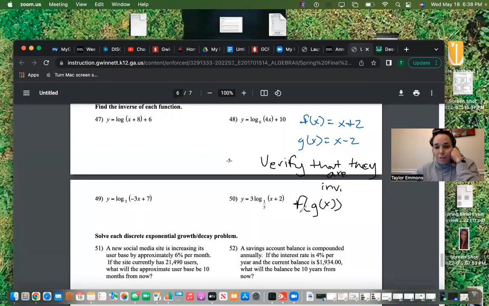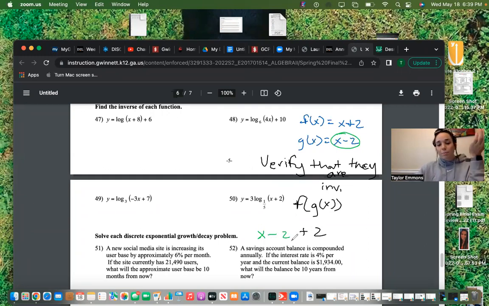You're first going to write out what f is, so that's x plus 2. Then you take g and write it in for that little x, so that's x minus 2. Notice how the whole thing of g is now plugged in for that x.